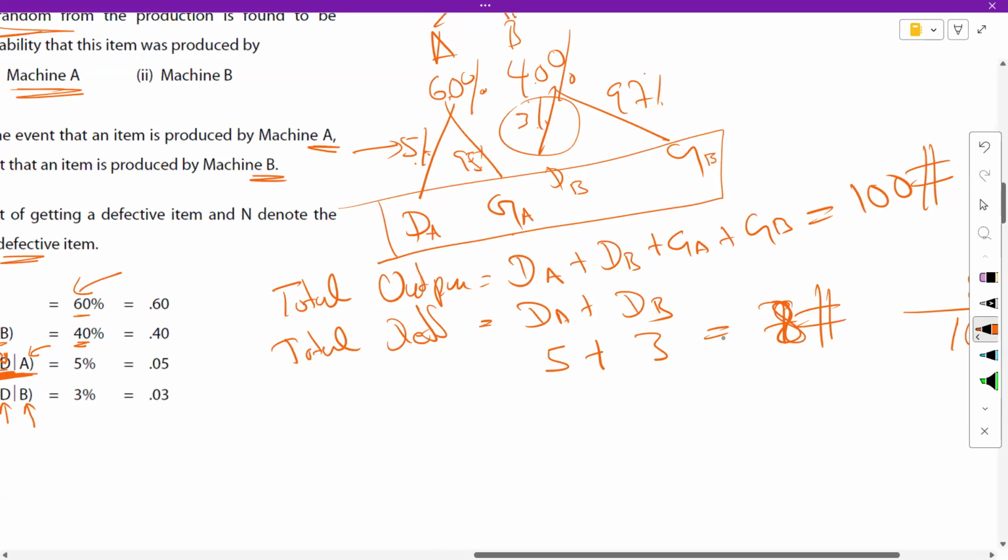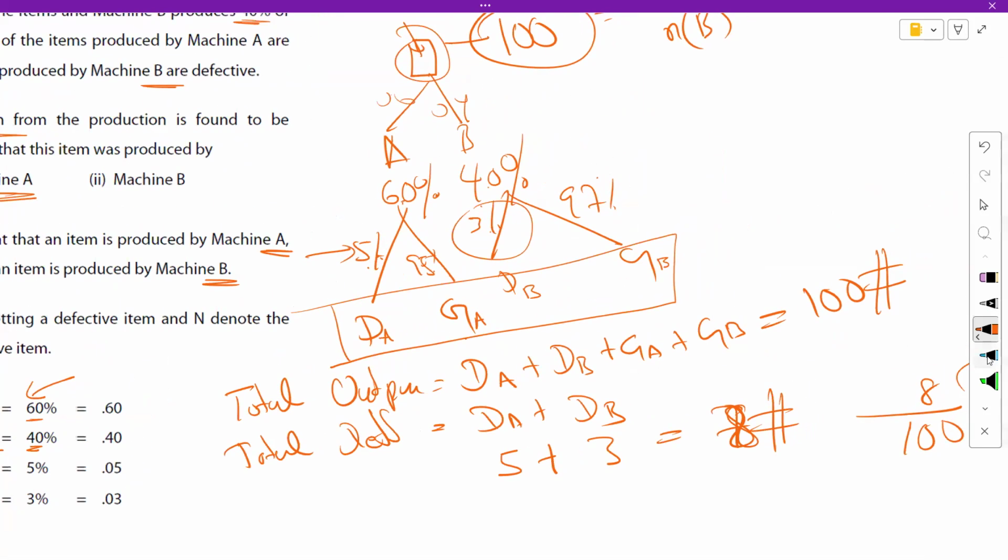So right now, tell me the total output produced by this machine defective. How many? Based on this example, this scenario, tell me if the machine produces 100 units, how many items are produced by machine A?